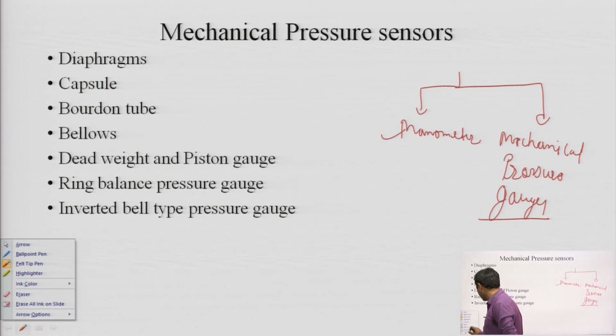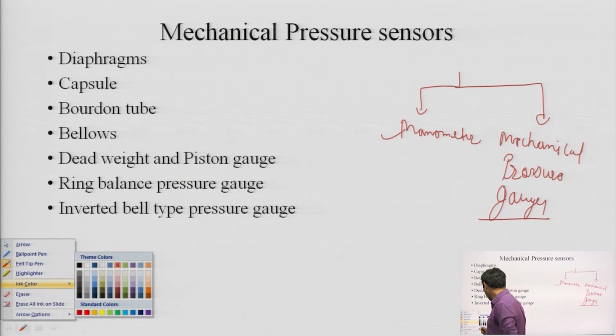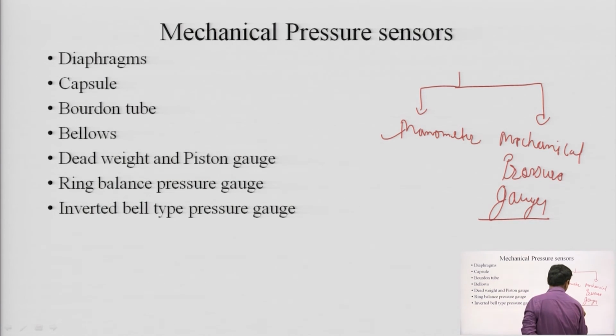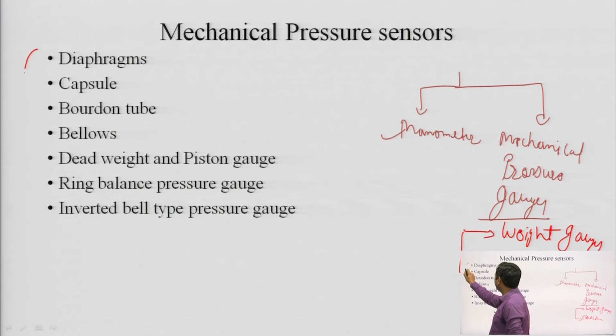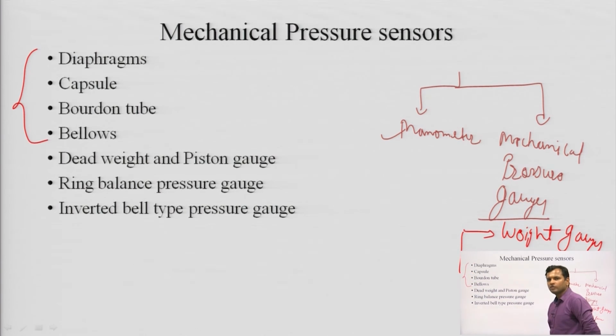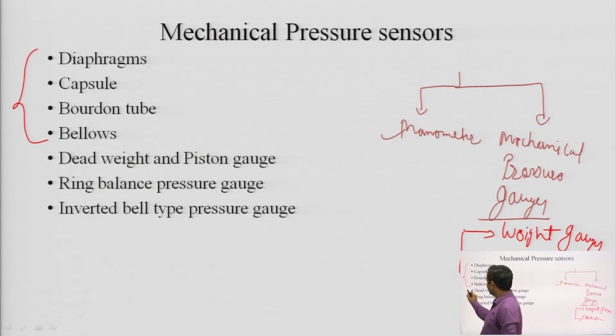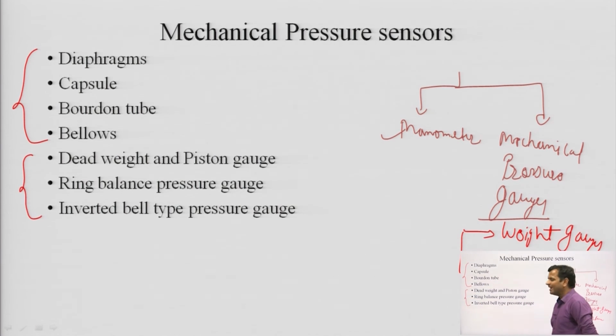So, when we talk about the mechanical pressure gauges, that will include both categories of measurement: the wet gauges and also the elastic pressure gauges. In that we can see that the first 4 will be the types of elastic pressure gauges and the last 3 will be the types of wet gauges.